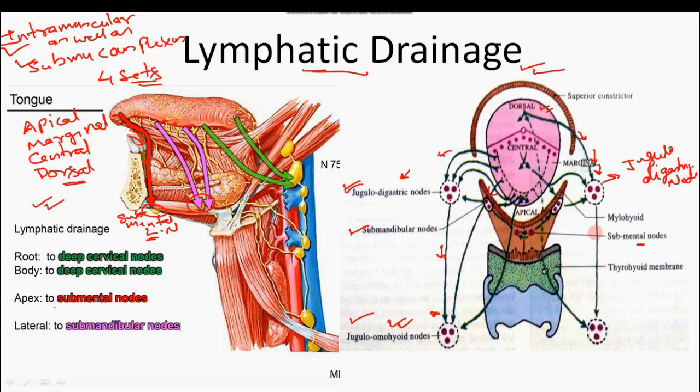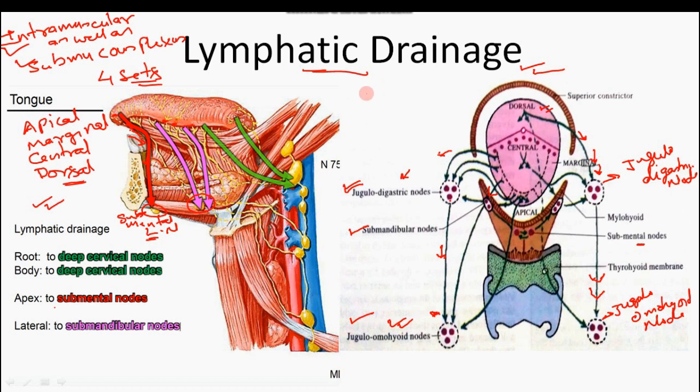Only a single vessel of this dorsal set comes and drains into the jugulo-omohyoid node. Clear?